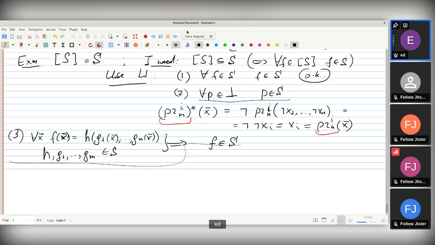Let us compute the dual for f. What is it? It is not f of our arguments negated. But what is f? f is just h of the g's. So I should substitute not x for x. There will be h of g1 of not x, and so on.